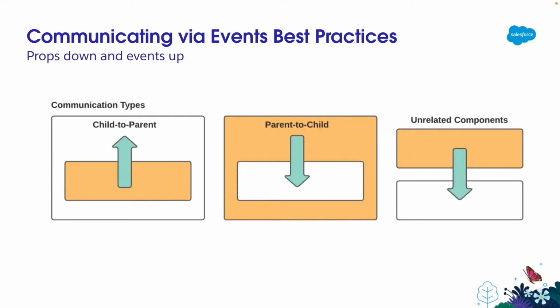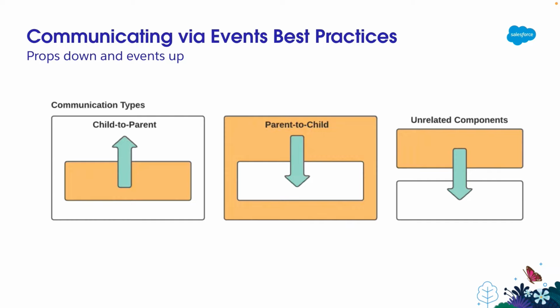This happens via events. The next is communication from parent component to child component. This can happen through events, and you can also pass values from parent to child via props or properties. You'll see later that the best practice is to only use properties if you are passing data from parent to child, not events.